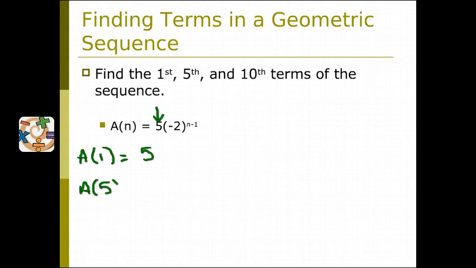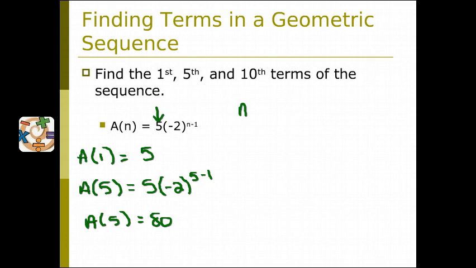So A of 5 equals 5 times negative 2 raised to the 5 minus 1 power. And you would get that A of 5 equals 80. And if we're looking for the 10th term in the sequence, you have A of 10 equals 5 times negative 2 raised to the 10 minus 1 power.